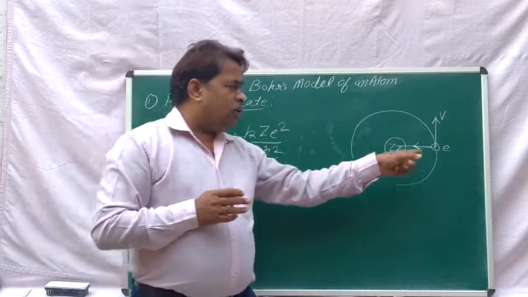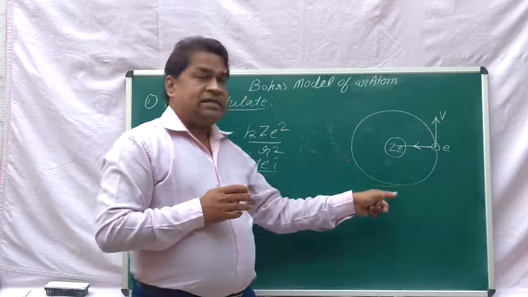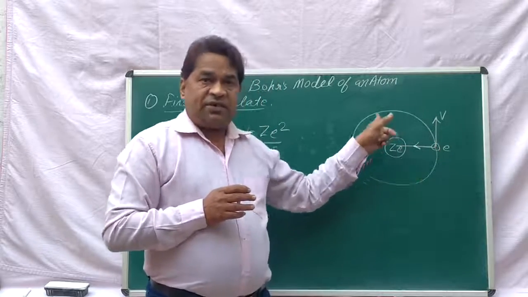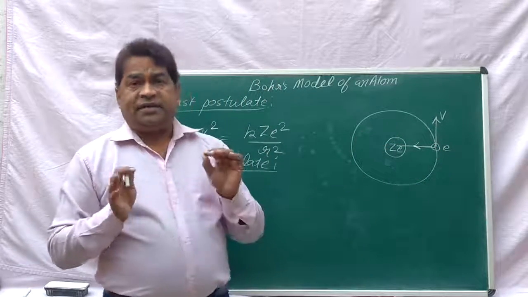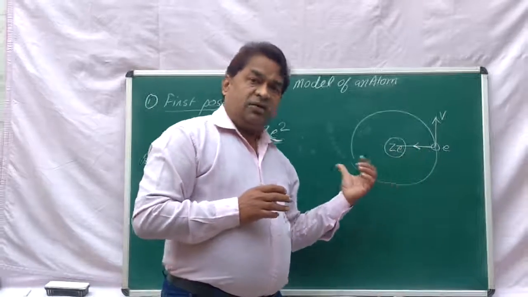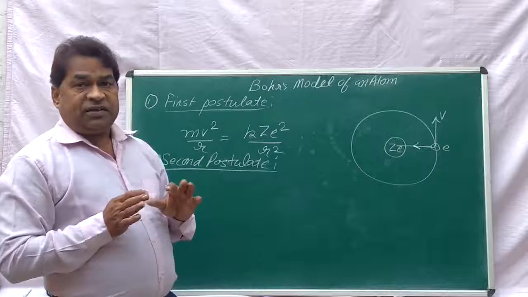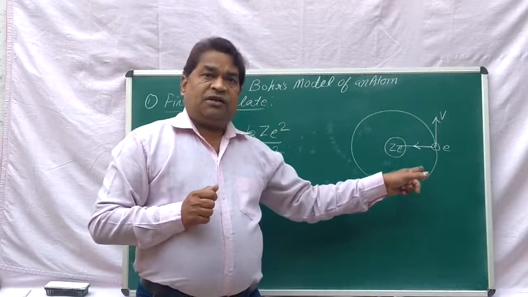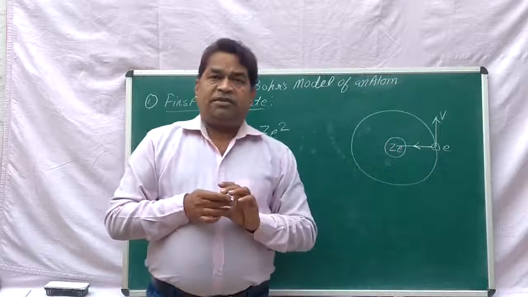Electrons do not revolve everywhere, only in specific orbits where they do not radiate any energy. And according to this second postulate, the angular momentum of the electron is always equal to nh upon 2 pi.